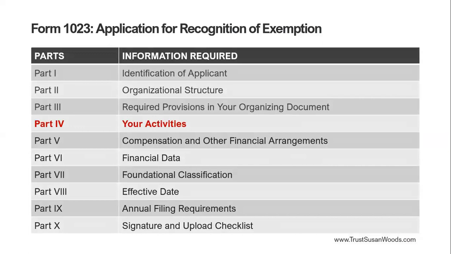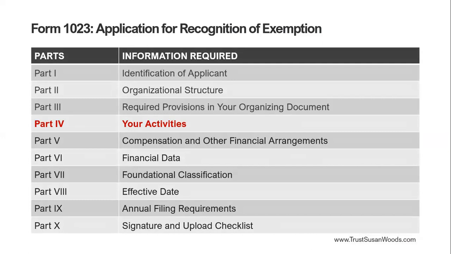The Form 1023 application for recognition of exemption, again, includes 10 parts. Part 1 is identification of applicant. Part 2 is organizational structure. Part 3, required provisions in your organizing document. And part 4, which we're going to talk about today, is your activities.